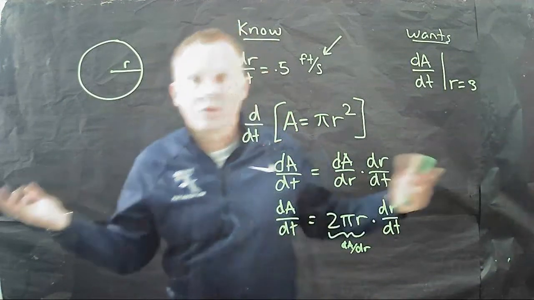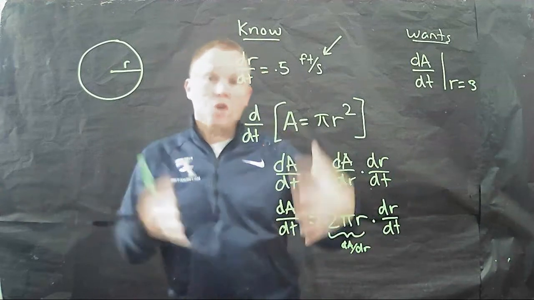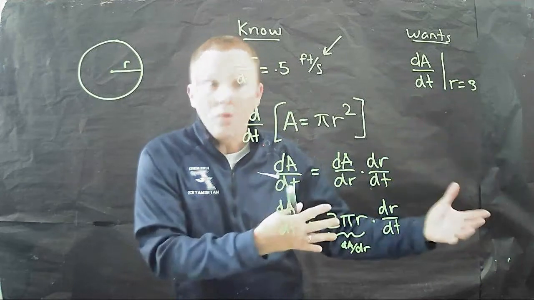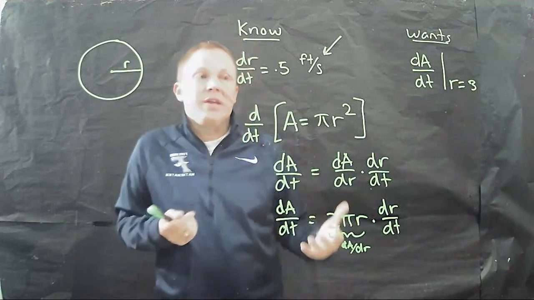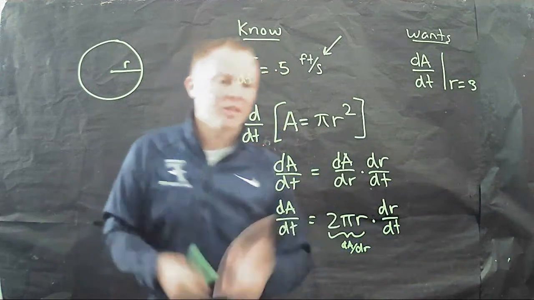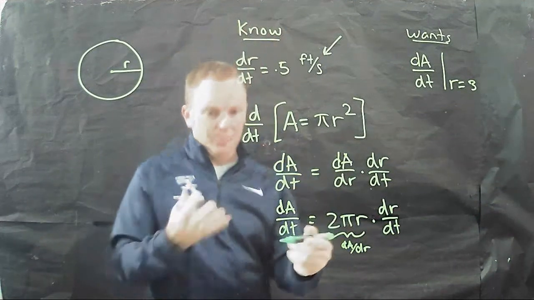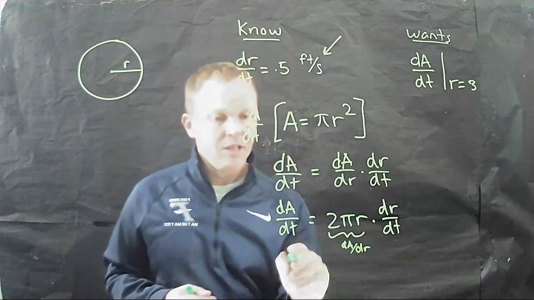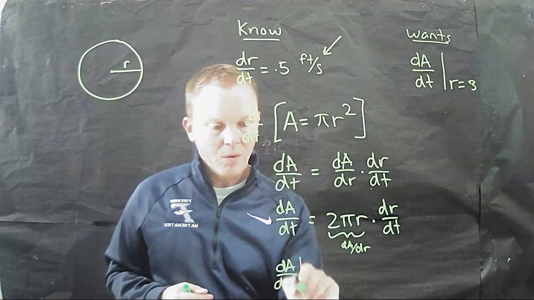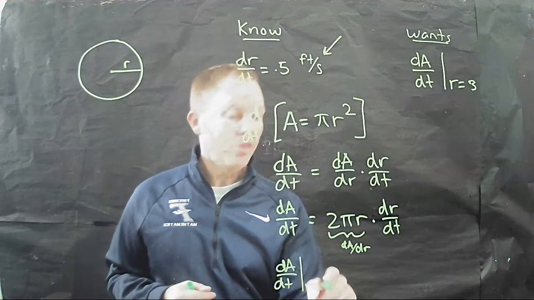So at this point we have sort of an option. And sometimes I'll do this both ways. We can solve for the variable that we want, and then substitute in the things that we know, or we can substitute in the things that we know and then solve for the variable that we want. In this case, it's already solved for dA/dt, so I'm going to calculate dA/dt now when r equals 3.